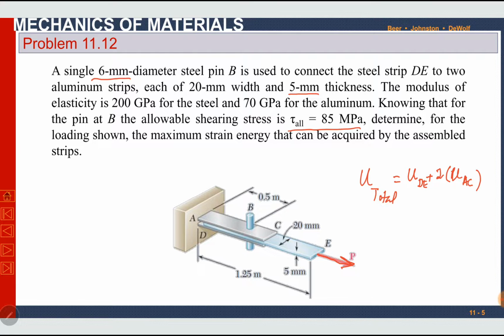Here, these 2 aluminum plates will pull back towards the left side. This pin is under shear. Pin B is under shear. If I draw pin B here, it is under double shear actually.